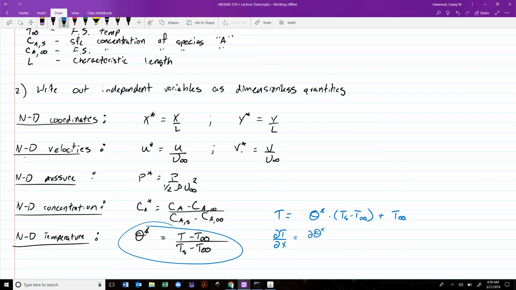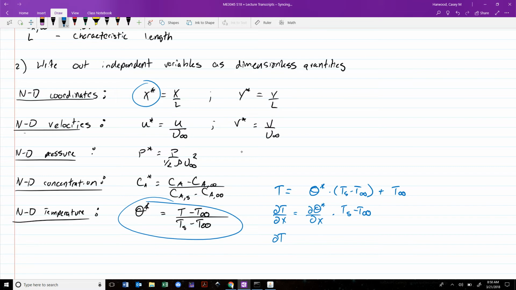And then we could write that the derivative dT/dx, for example, would be d theta star/dx times Ts minus T infinity. Or, if we wanted to bring in this non-dimensional x, we could say that dT/dx is equal to d theta star/dx star times Ts minus T infinity over L. Okay.